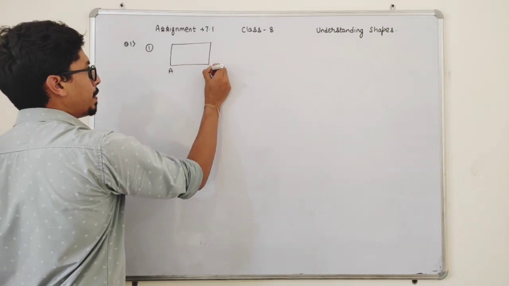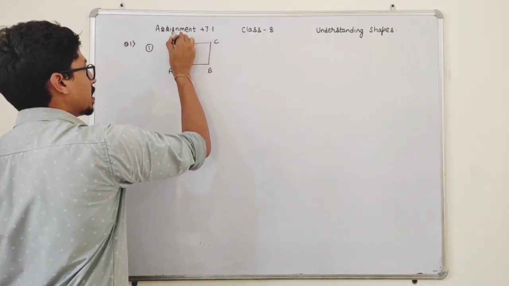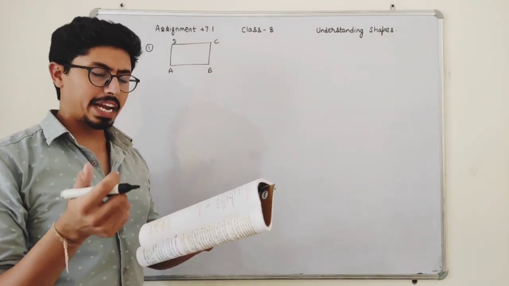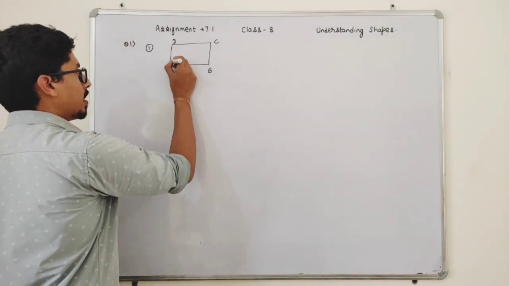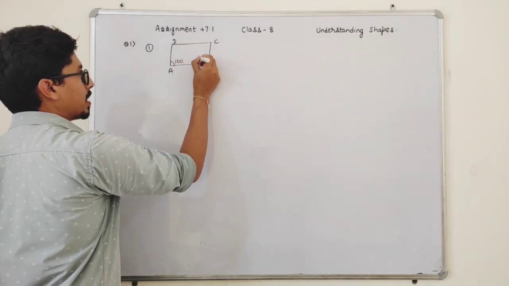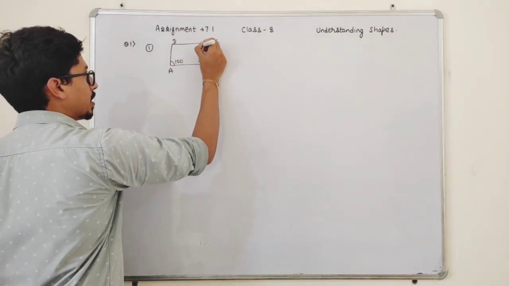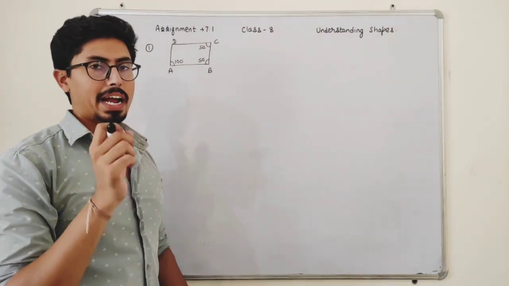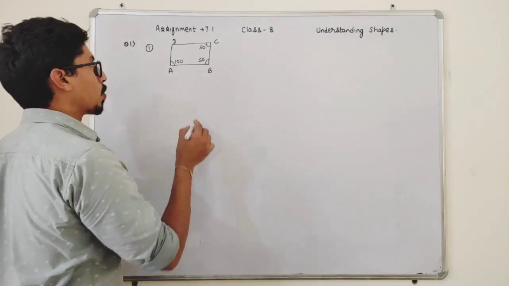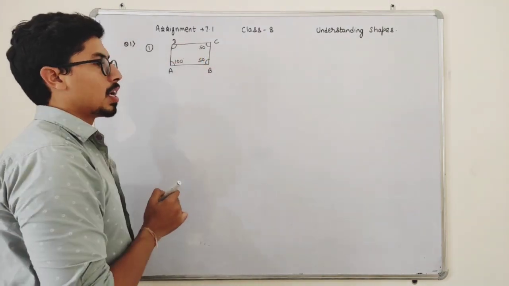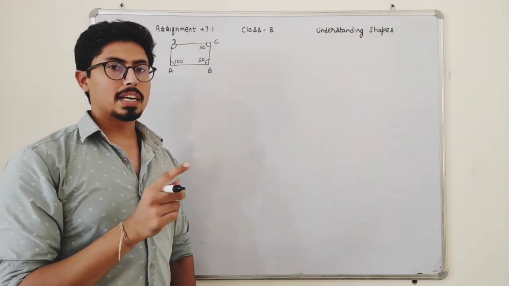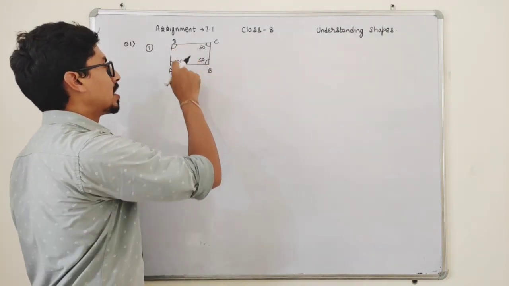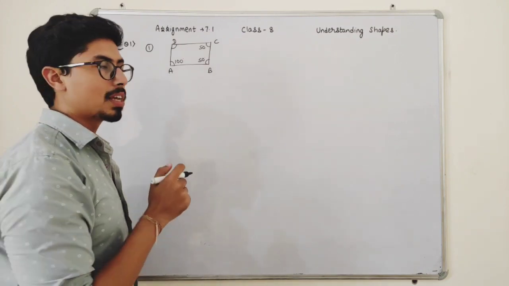Let it be ABCD. Now, students, three angles are 100, 50 and 50. Then I have to find the value of the fourth angle. Remember that the sum of the angles of a quadrilateral is equal to 360 degrees.